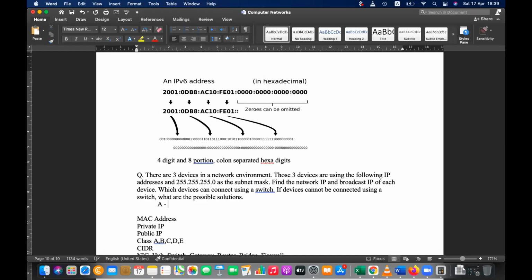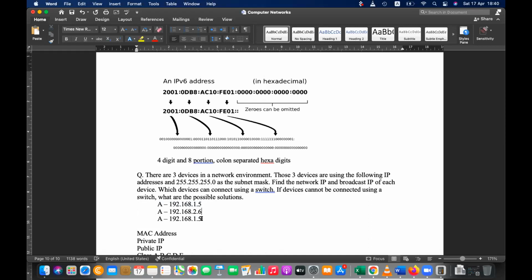The IP address of A is 192.168.1.5. And there's another device, so the second one is 2.5. Sorry, 2.6.